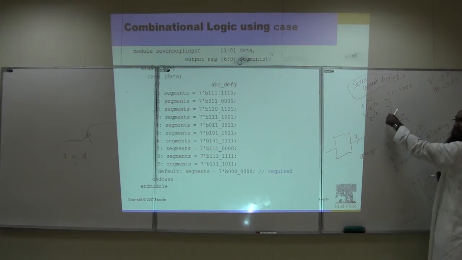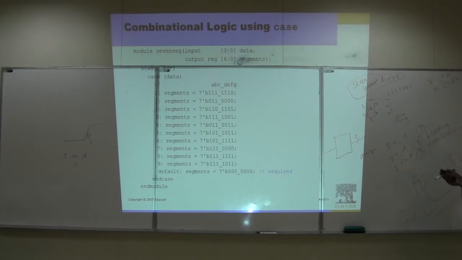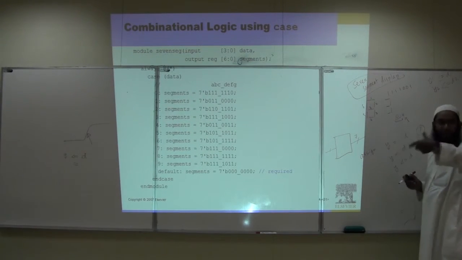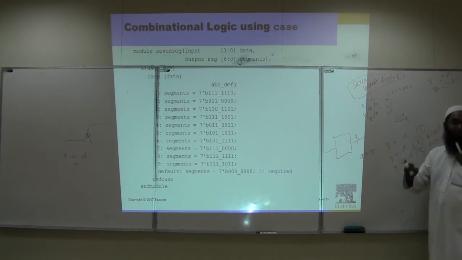So what is this? 3. So to show 3, you need to give this kind of output. Here I am saying this is 1, this is 2, but it depends on your system. Do you understand how you number them?